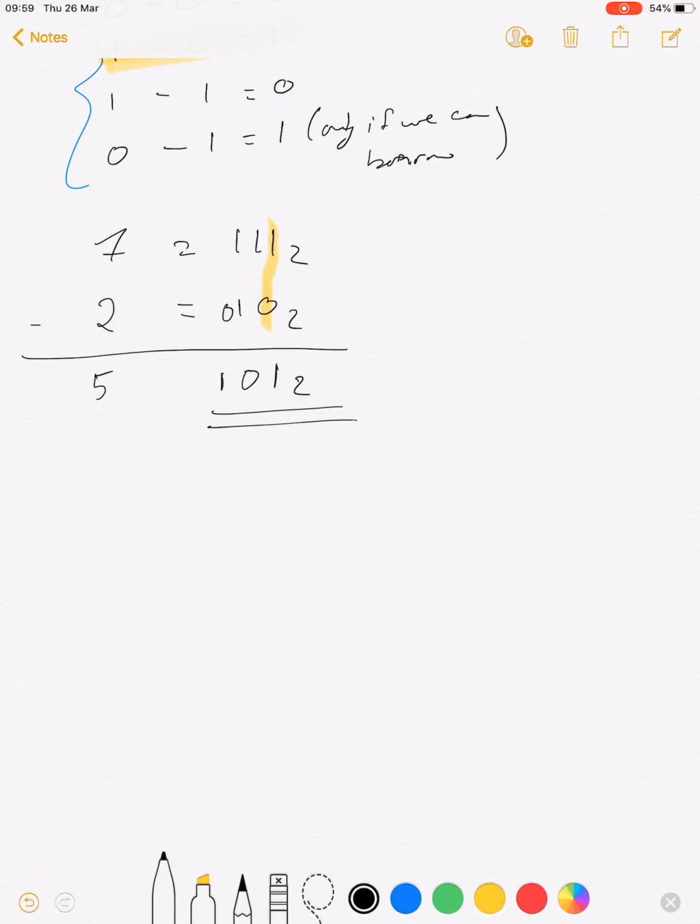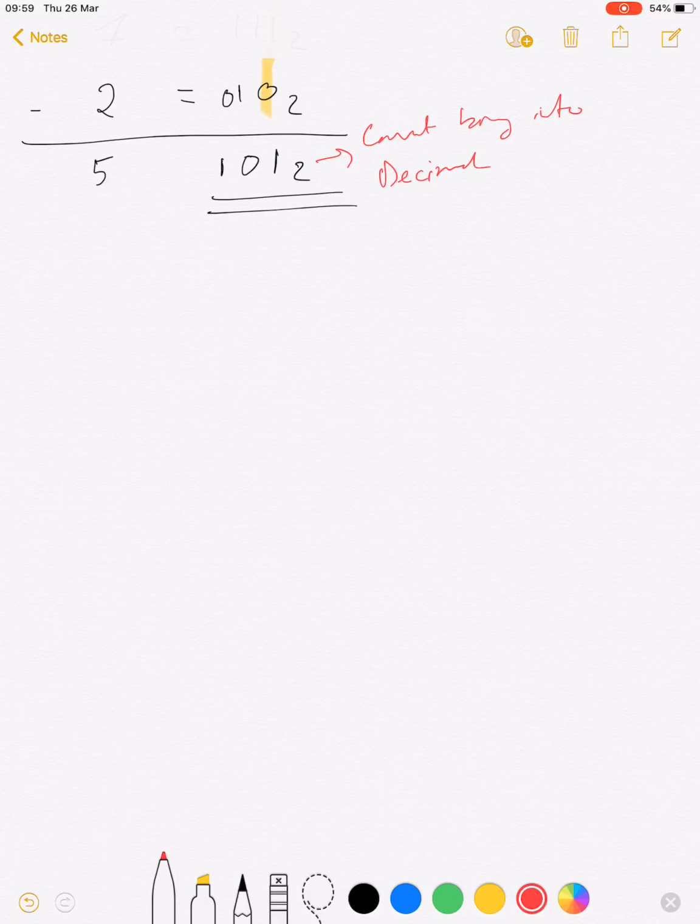But let's expand this out. If we look at this as a conversion, we want to convert the binary into decimal. We take down this number, 101. We identify the least significant digit, write a 0 above it, and then annotate from right to left: 1, 2.